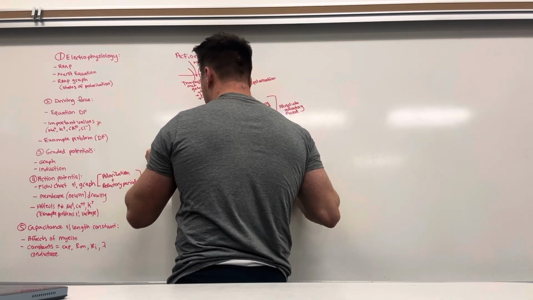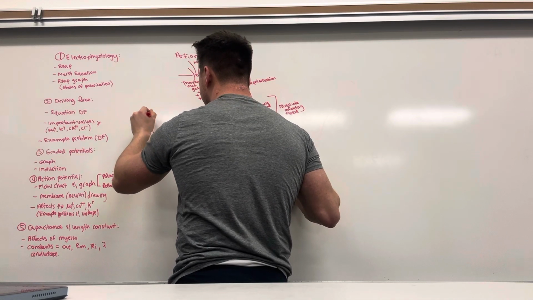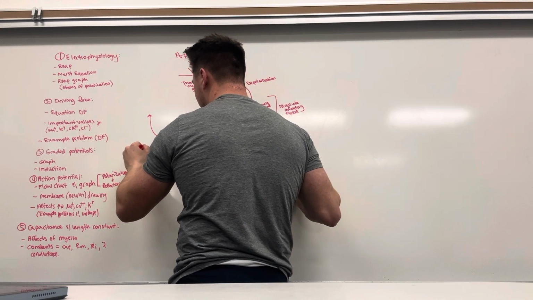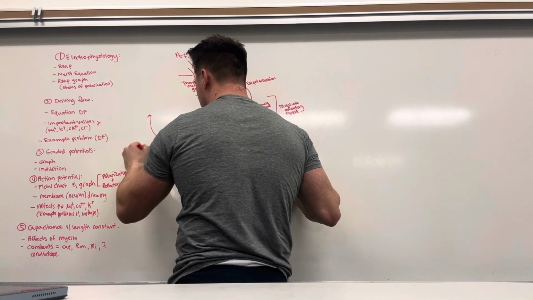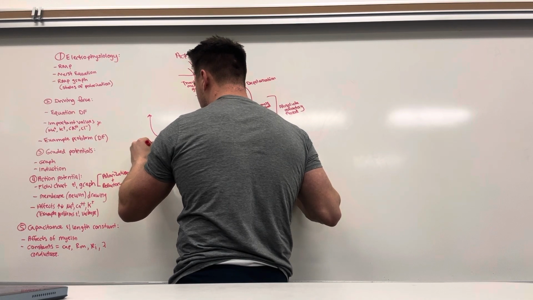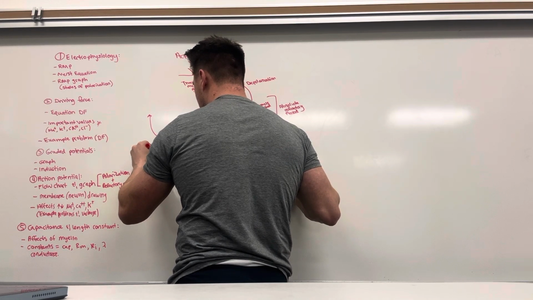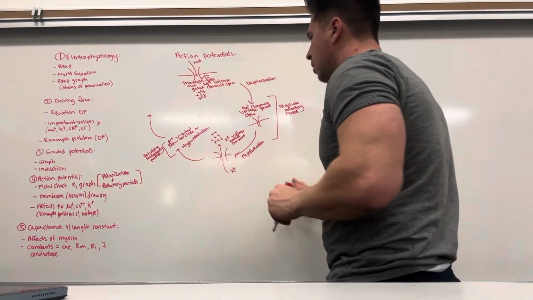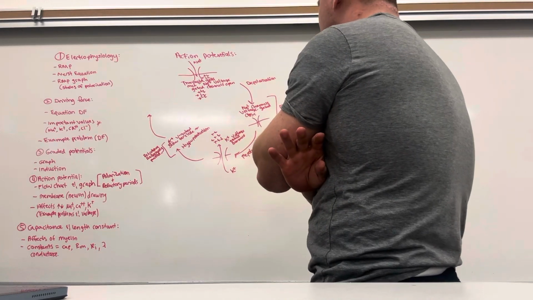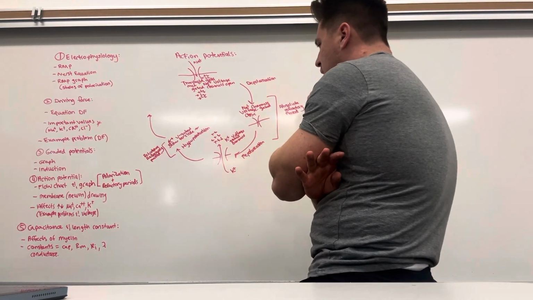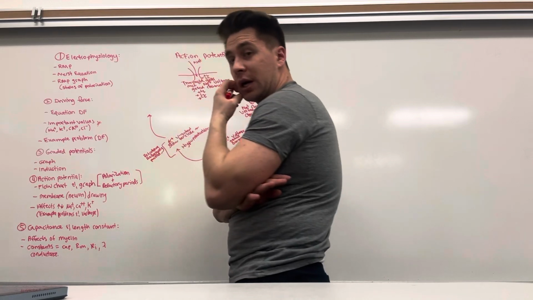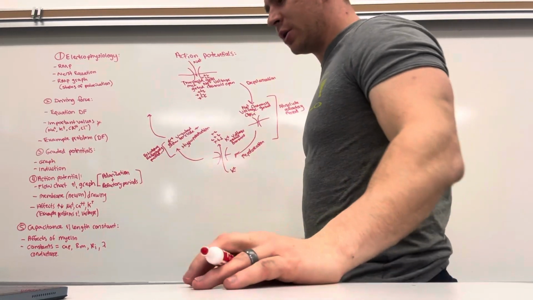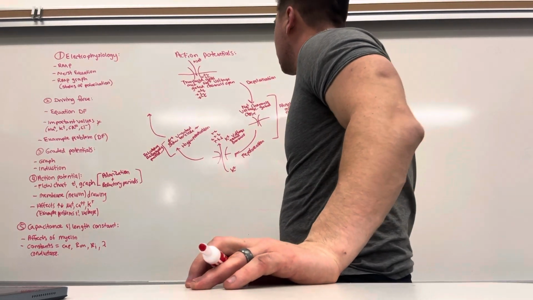And in this process, we call this the relative refractory period. And what ends up happening in the relative refractory period is you can still get an action potential to fire, but because it's so low and hyperpolarized, it just takes a very strong stimulus to be able to get it to fire, okay?